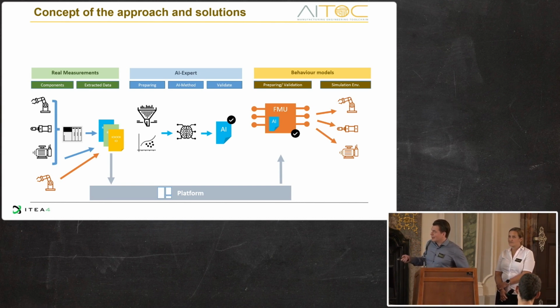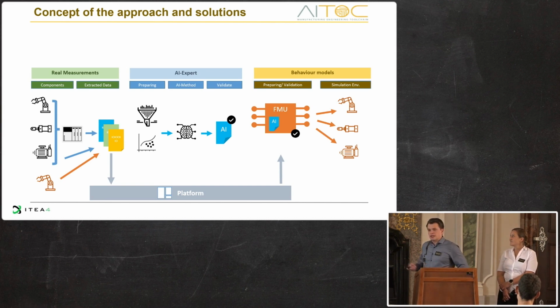So, as you can see, you have different possibilities to get the data. You can directly connect to the sensors and use the data from the sensors. You can also use simulation as synthetic data to use later on, or you connect to the controllers, and this is how we will do that, and take the data directly from the controller.